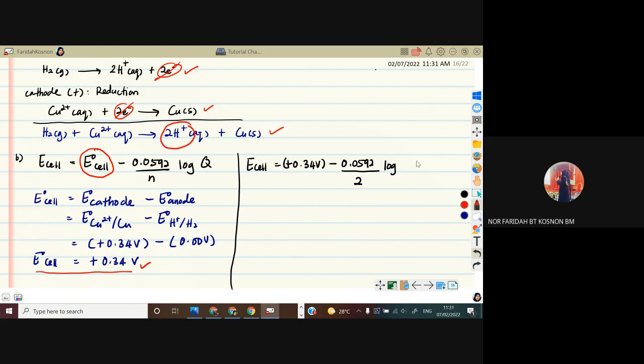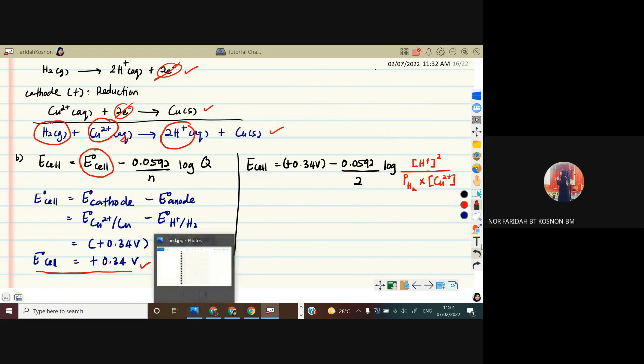Jadi kat sini adalah log Q adalah sama dengan concentration of H+ power of 2, divide by, okay tengok sebelah reactant. Yang paling jelas ada concentration kat sini adalah copper ion because it is aqueous solution. But kita ada satu lagi hydrogen gas. Saya kata Q itu mengambil kira concentration dan juga pressure. Jadi sebutan Q kat sini adalah untuk reactant, partial pressure of hydrogen times concentration of copper 2+.